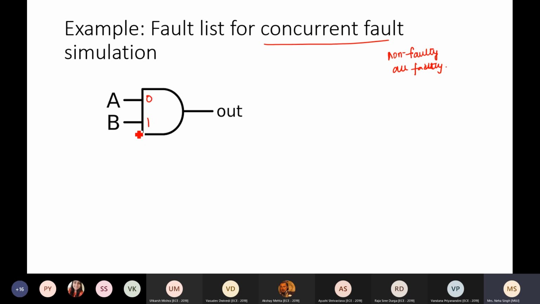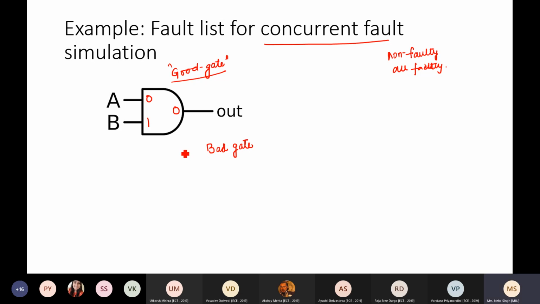A equal to 0, B equal to 1. If this is the input, the output of this AND gate should be 0. So this we call the good gate. Without any fault, एक gate simulate हुआ है जिसका input is 0 1 and output is 0, we call it good gate. इसके अलावा simultaneously we will try to have all the possible faults in the form of bad gates.